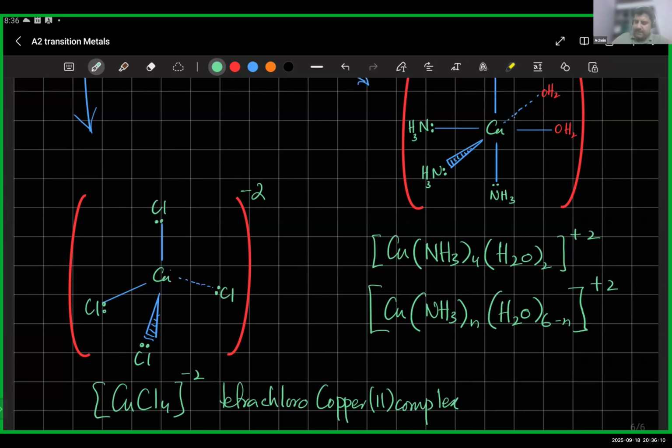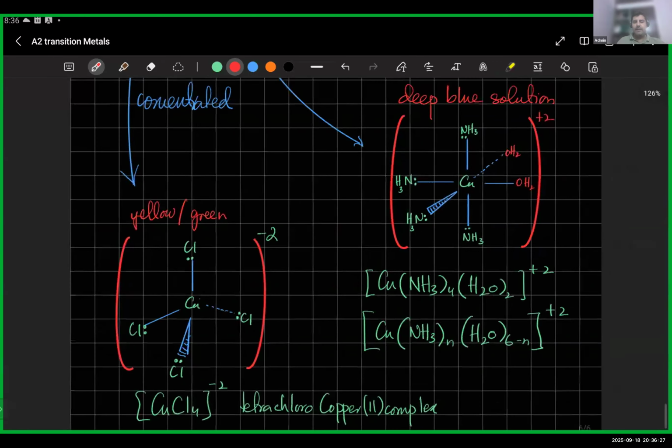The color of this complex is actually yellow. But since the original complex was blue and some of the blue solution is still left, blue and yellow turn into green. So it appears yellowish green.